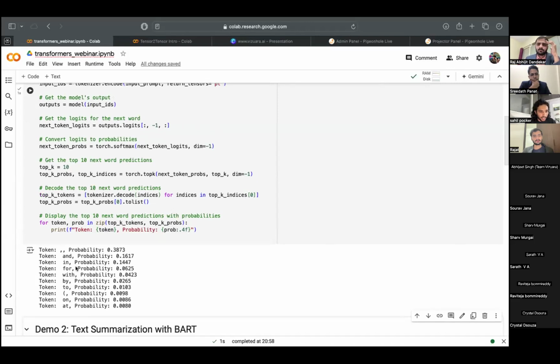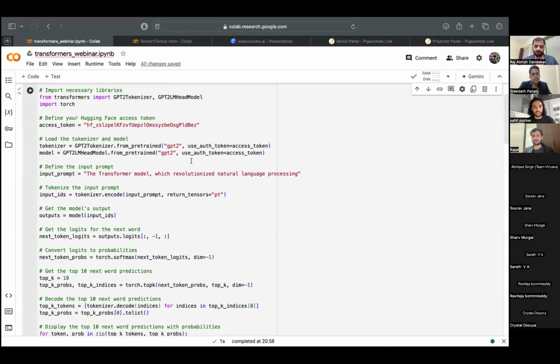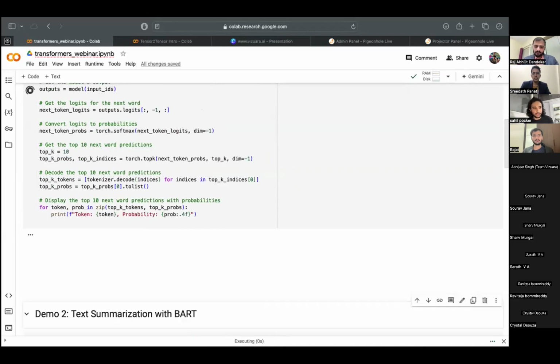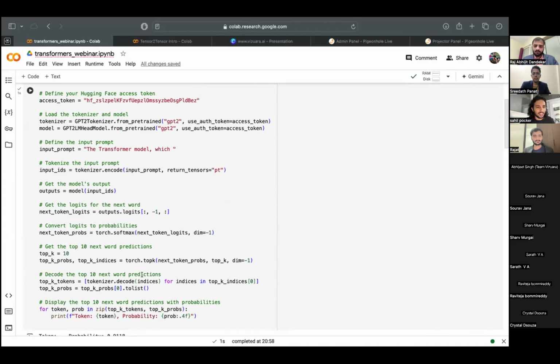The next word is generated with "and," "in," and all of these with these probabilities. This is because GPT-2 is not such a strong model. It just does something simple. Let me see what it will generate if I do this. Okay, GPT-2 is not that great of a model to generate really good results with, especially with a small context.